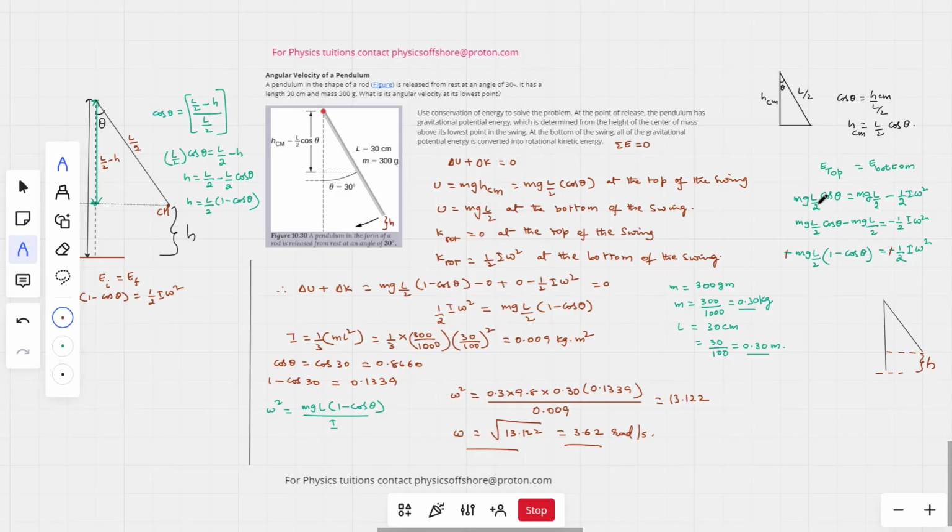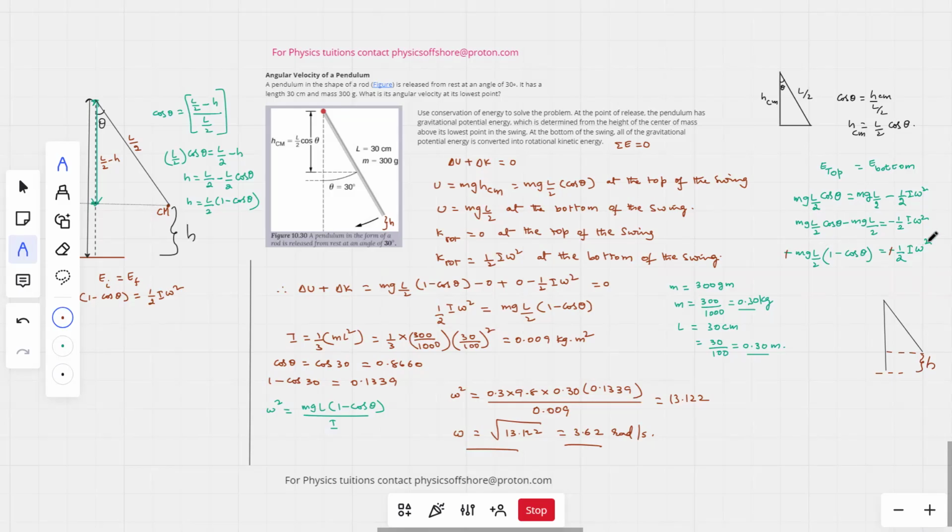At the lowest point, the center of mass is at a height of L by 2, so mg L by 2, and then the rotational kinetic energy, half I omega square. The negative sign indicates the rod is moving in the clockwise direction, therefore minus half I omega square.